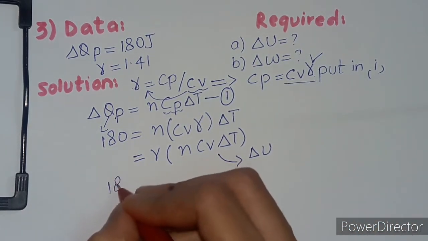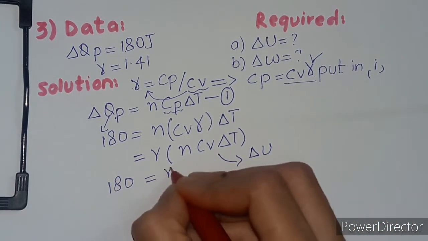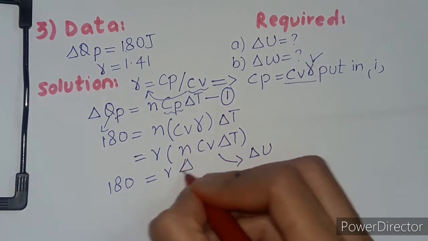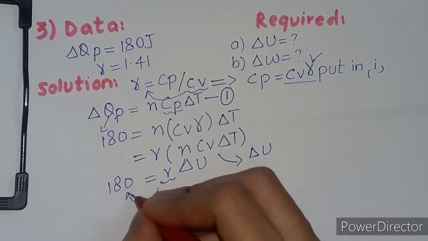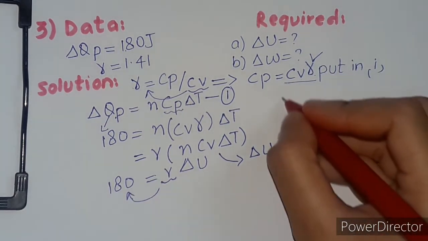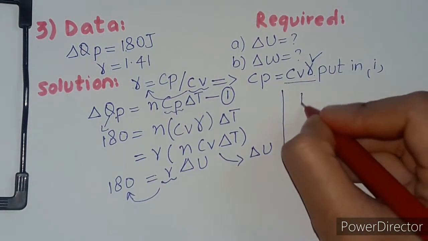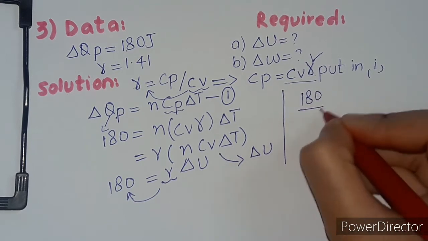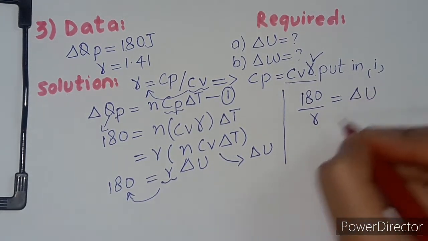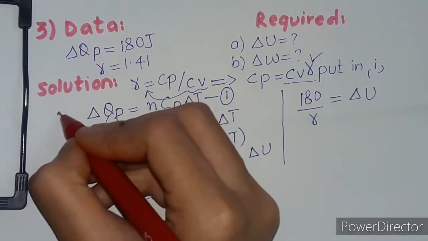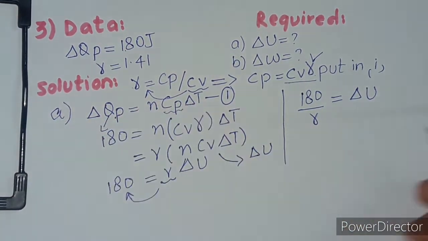So 180 is equal to gamma into del U. Now this gamma will divide 180, so I am writing here 180 divided by gamma is equal to the change in internal energy. This is the solution of part A.